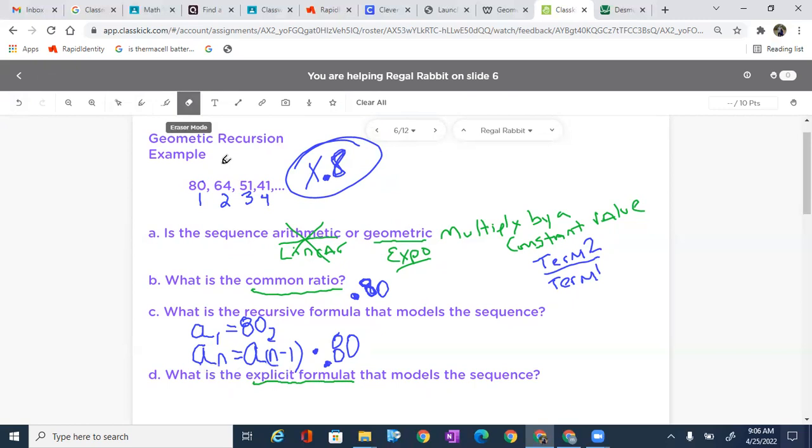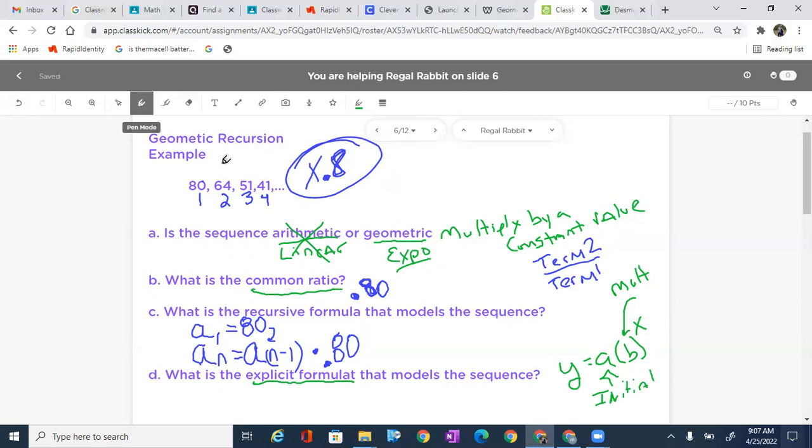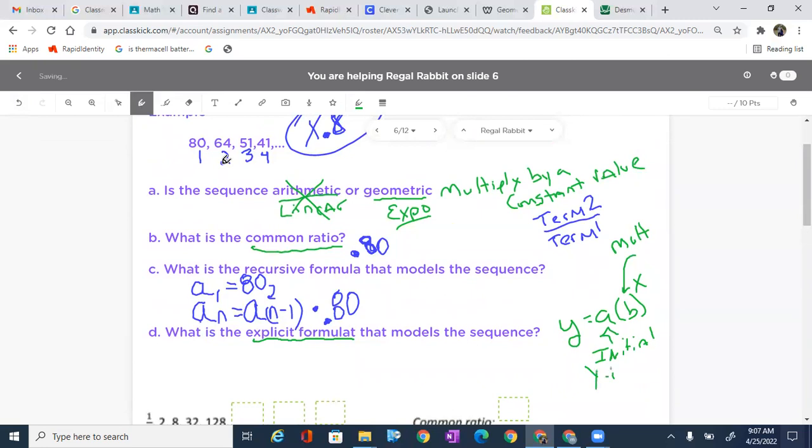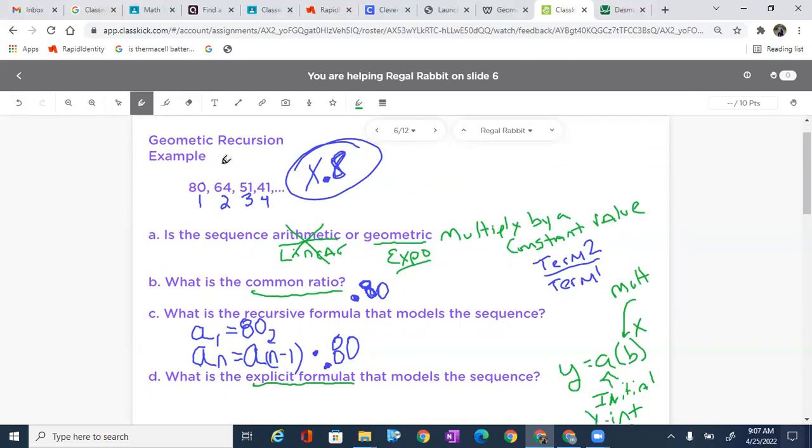The explicit formula is the exponential equation, so y equals a times b to the x. We've already talked about exponentials. This is our multiplier, and this is our initial value. But remember, it's our initial value when it is the y-intercept, or when x equals 0, or the term is equal to 0. So we have to do a little bit of manipulation to get our exponential equation out of this.